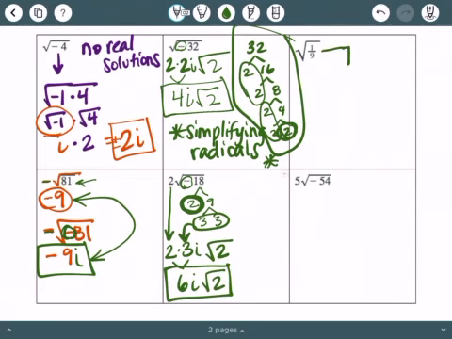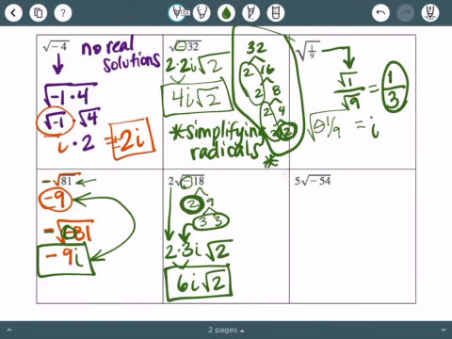For this one here, I know that the square root of a fraction is the same as the square root of 1 over the square root of 9. So the square root of 1 is 1, the square root of 9 is 3. I know my answer is 1/3. If there had been a negative 1/9, I would have taken the I to the outside because of the negative there.